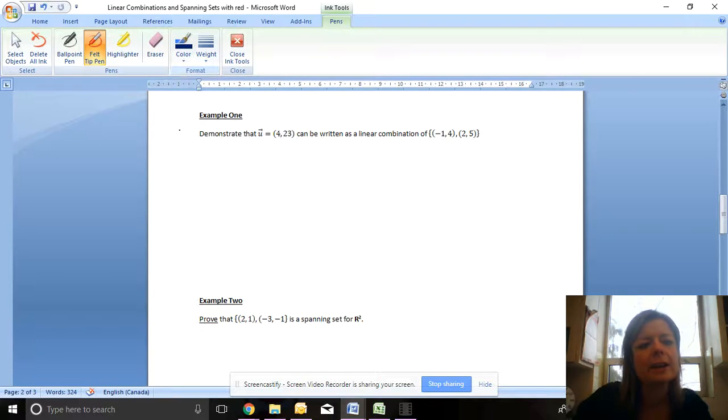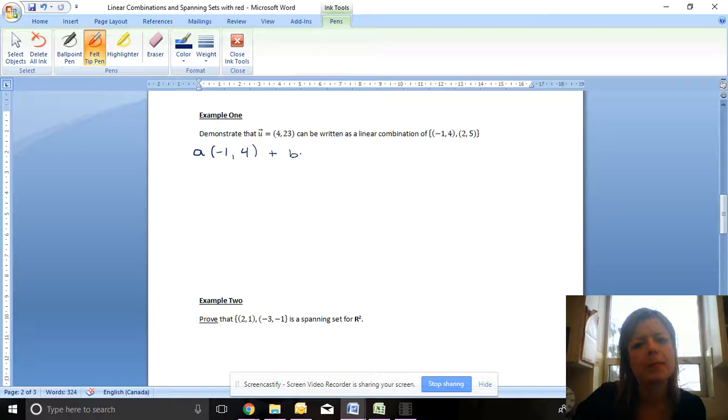So algebraically, we can do this as well. Demonstrate that u, (4, 23), can be written as a linear combination of these two vectors. We have these two vectors, and we want to find a coefficient on each of them so that when you add them together, you get (4, 23). So we want to make this a true statement: some coefficient a in front of (-1, 4) plus some coefficient b in front of (2, 5) equals (4, 23).